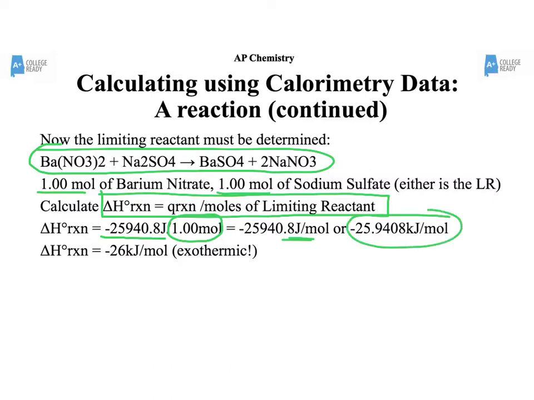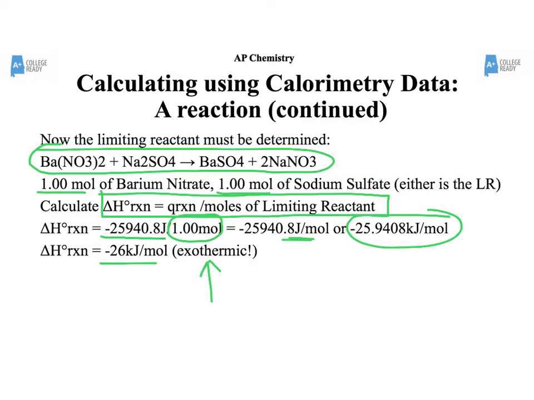With sig figs, we'll go negative 26 kilojoules per mole. One thing to note, a negative enthalpy means the reaction's exothermic, and using logic, you should go back and know, well, that makes sense, because what happened to the temperature? The temperature went up, and if the temperature went up, the reaction is exothermic, so we should end up with a negative enthalpy sign.